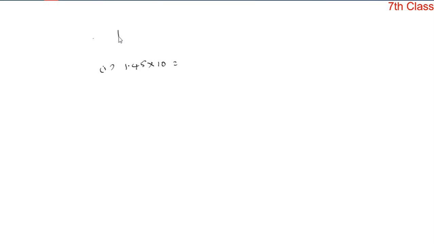So this is multiplication of decimal numbers by 10, 100, 1000, etc. If you observe, all these numbers have 1 followed by some zeros. Here 1 zero, here 2 zeros, here 3 zeros, like that.